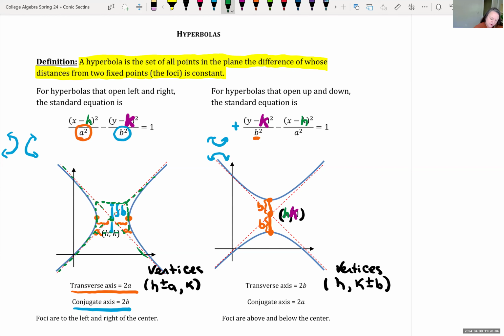So in this case, I'm going to go over a units to the left and a units to the right from my center.